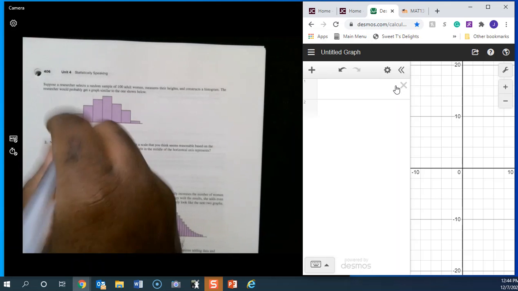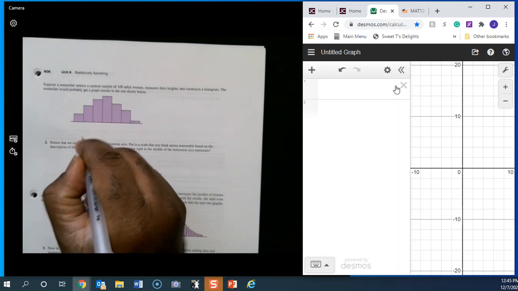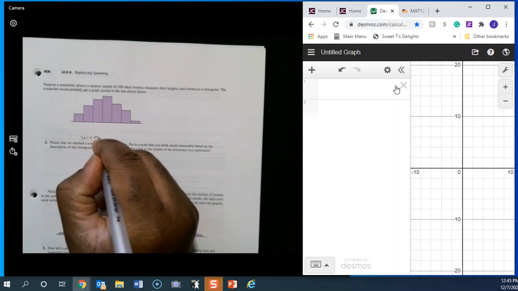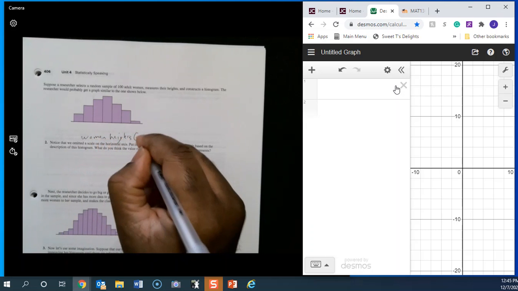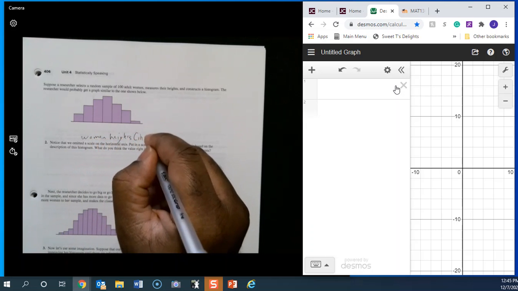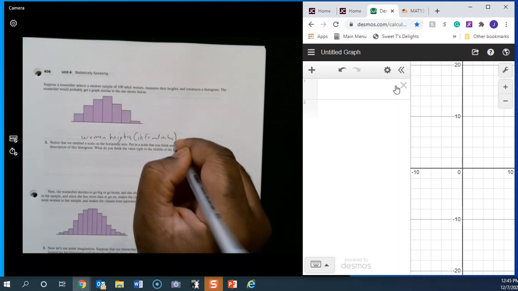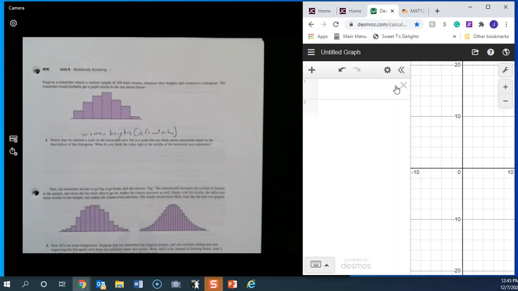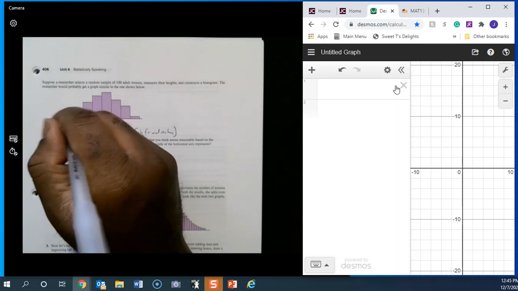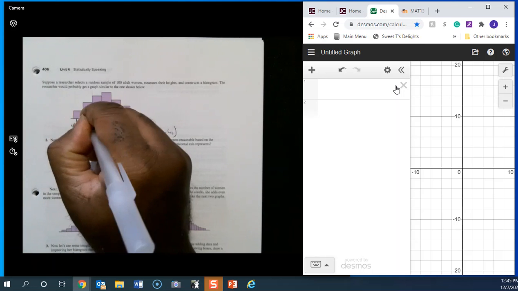What do you think the value right in the middle of the horizontal axis represents? Okay, so first of all here, we will put, this will be women's heights. And then we will put that in feet and inches. Now we could have just done it in straight inches or straight feet, but we're doing feet and inches. So we could say on the low end, we could have 4 feet, 7 inches.